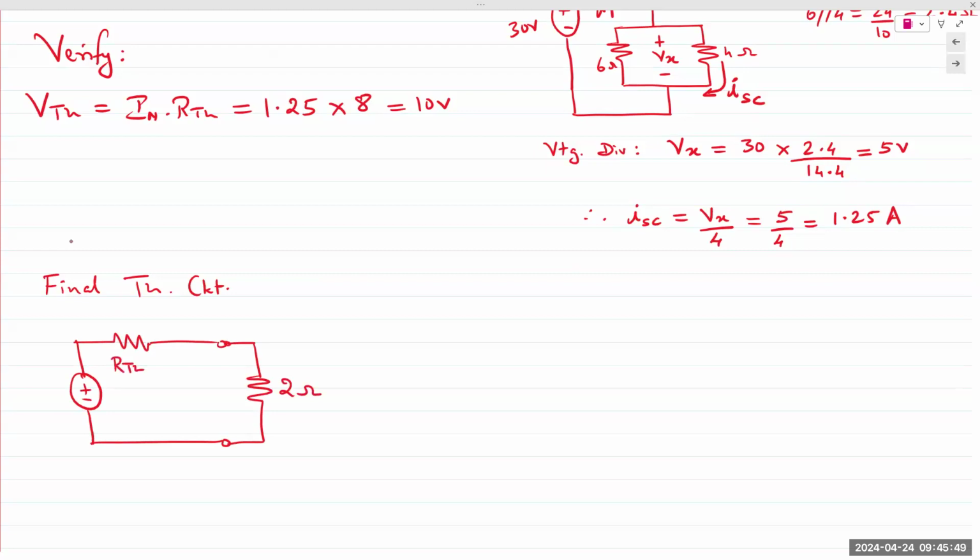This would be RTH, which is 8 ohms, and this would be VTH, which is 10 volts. And the final Norton circuit, this is something I will ask in the final exam.